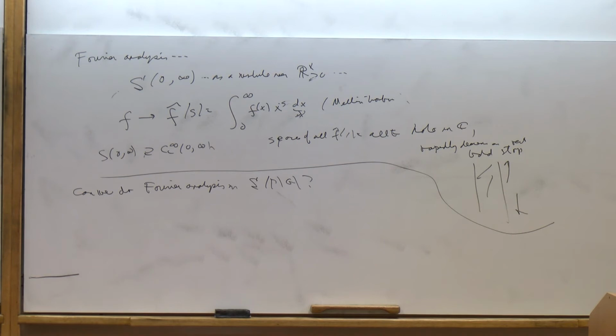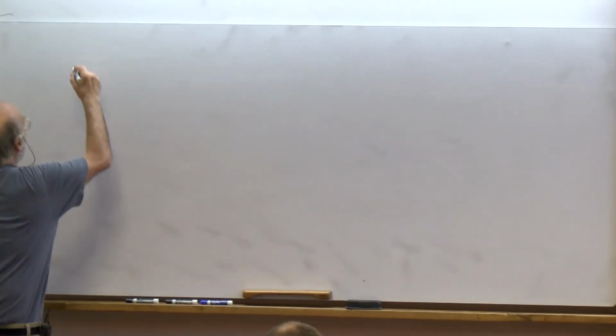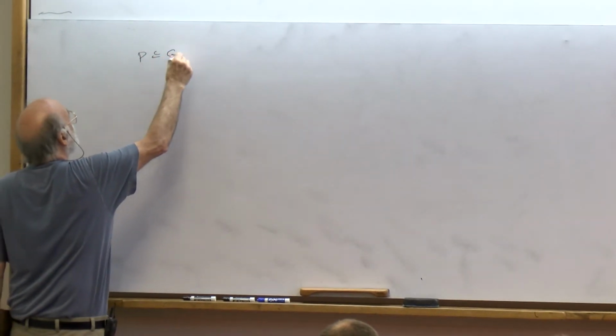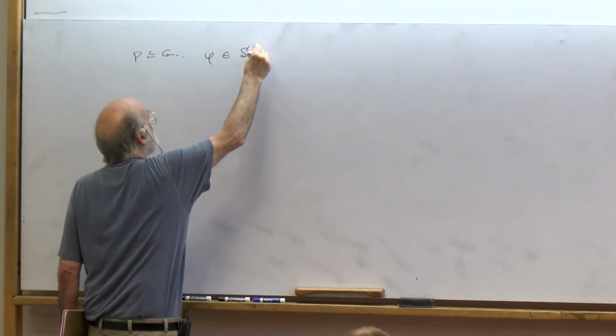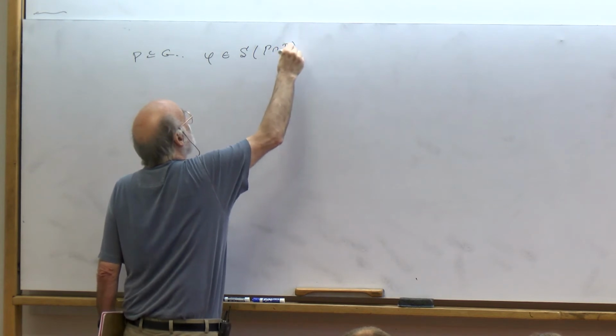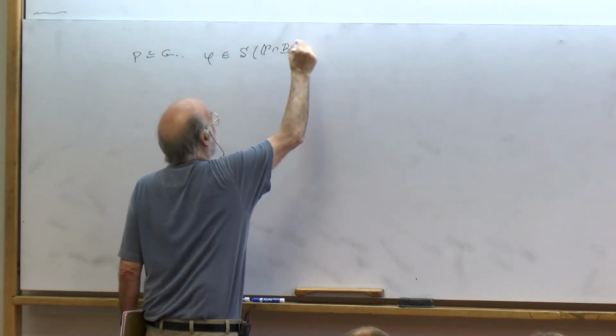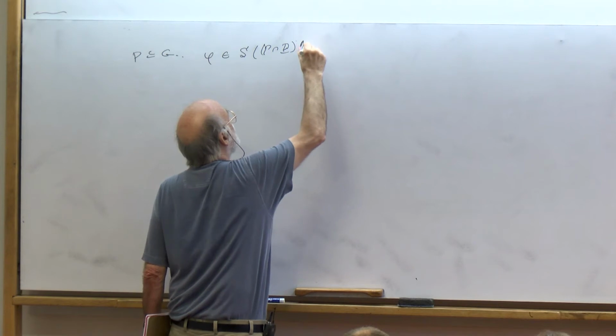So the first fact is, I take P a parabolic in G, and I take phi a member of the Schwartz space of gamma intersect P. I can do something similar for other discrete subgroups.